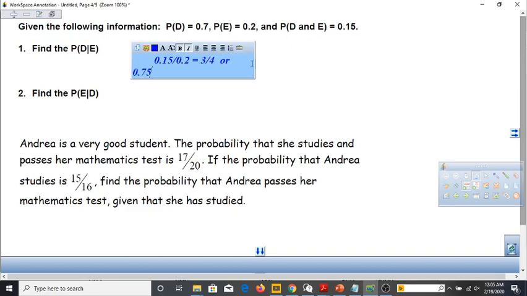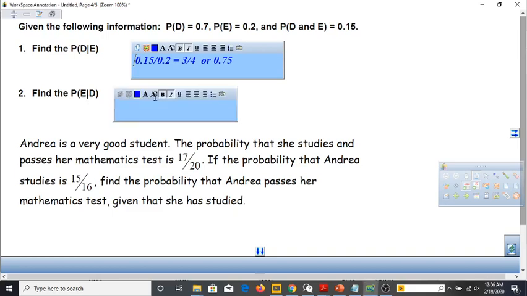0.75. So as you see, what I did was I only divided by the given that, the probability of D given that E, we only look at what's in E, and then that's the denominator. And then what's in the numerator would be what is shared between the two. Now, if we do it the other way, what's the probability of E given D?